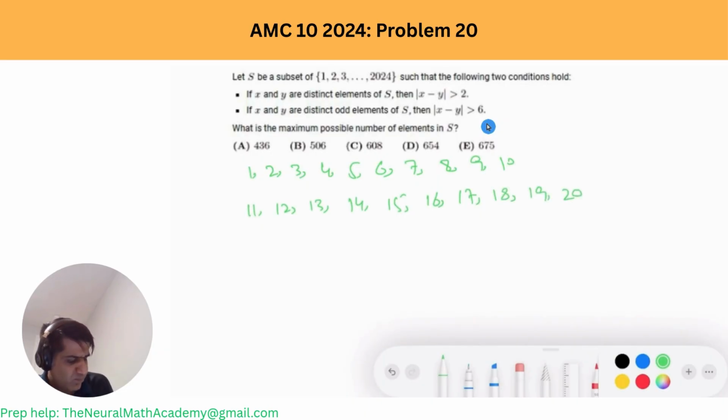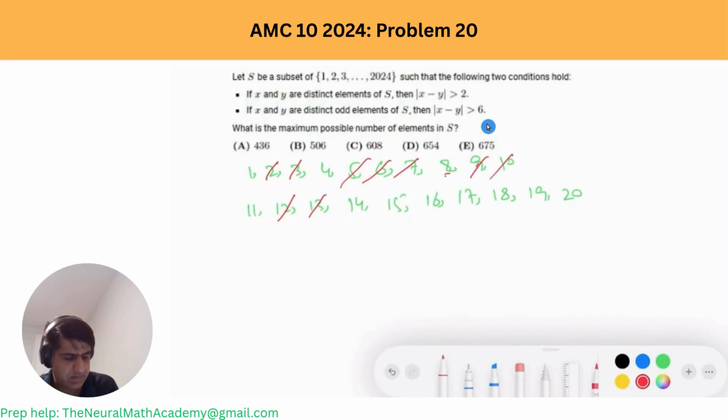and 20. So now, as we know, based on the first condition, 2 and 3 are not possible, right? Similarly, I have now 4, and the next number that I can have should be 8, right? So this is also cancelled out. And once I have 8, then the next number that I can have should be 11, right? And now if I check next, I would then get 14.